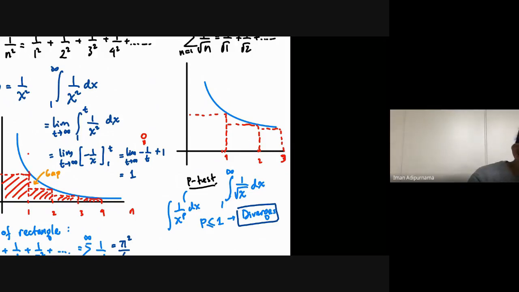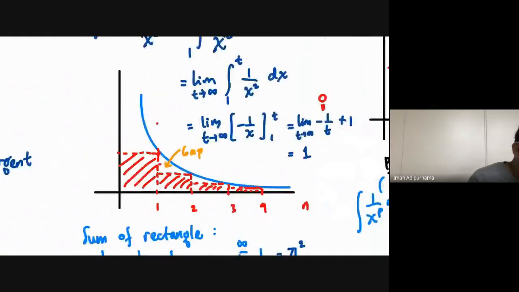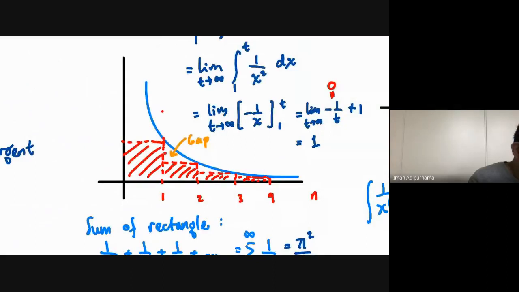Wait. I think this should be the wrong picture. It should be here. So the left picture here is an underestimate. The rectangle is under the curve.